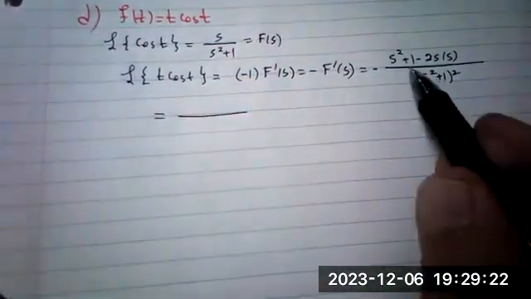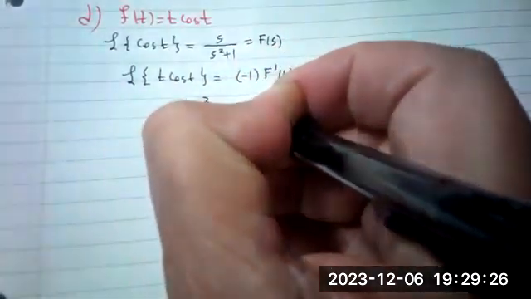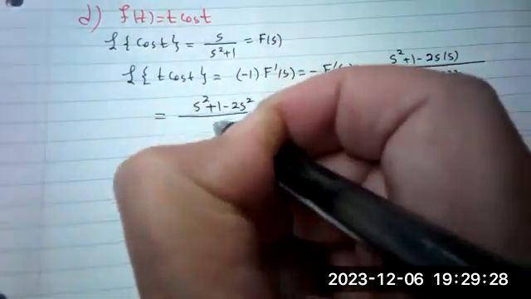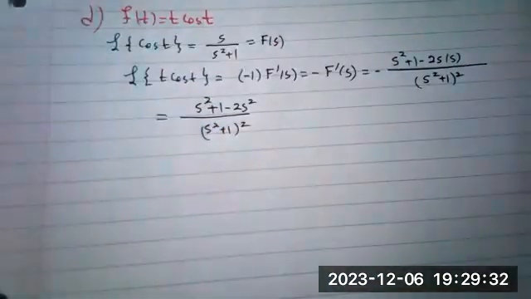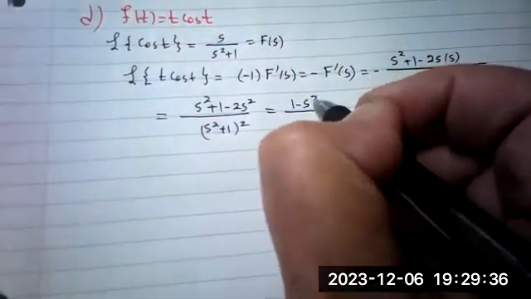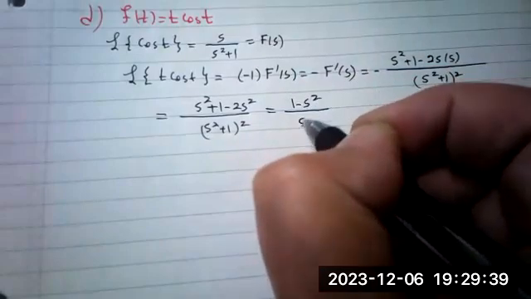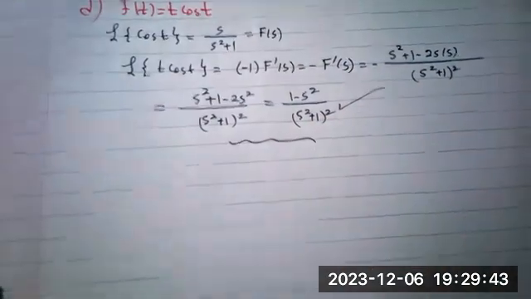So it's going to be s squared plus 1 minus 2s squared, over s squared plus 1 all squared. And then if you combine the like terms, that gives you that famous formula that I used the other day: 1 minus s squared over s squared plus 1 all squared. The final answer.